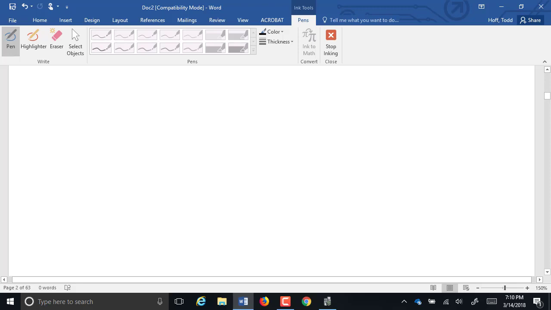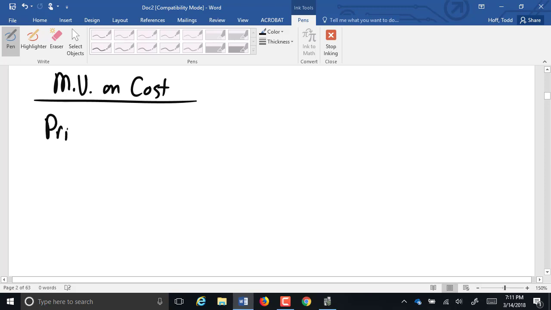Now, we've looked at two different markups. Markup on cost has some definite advantages because you know what an object costs. It's easy for pricing to take the cost and just multiply by that markup percent, right?